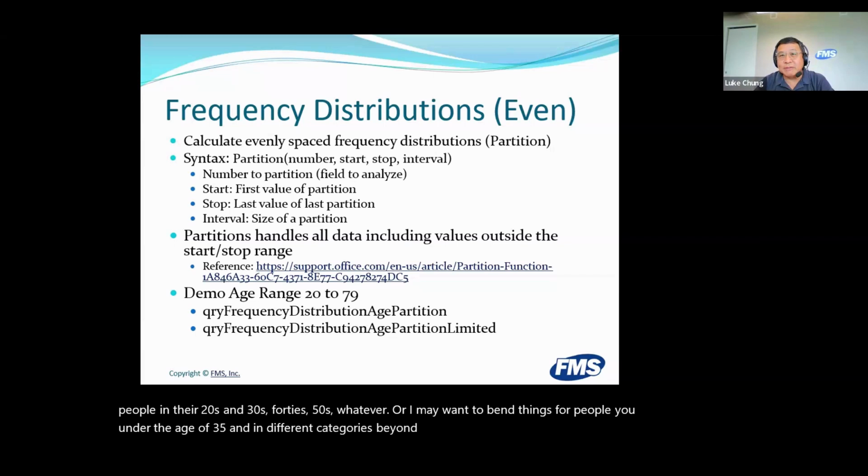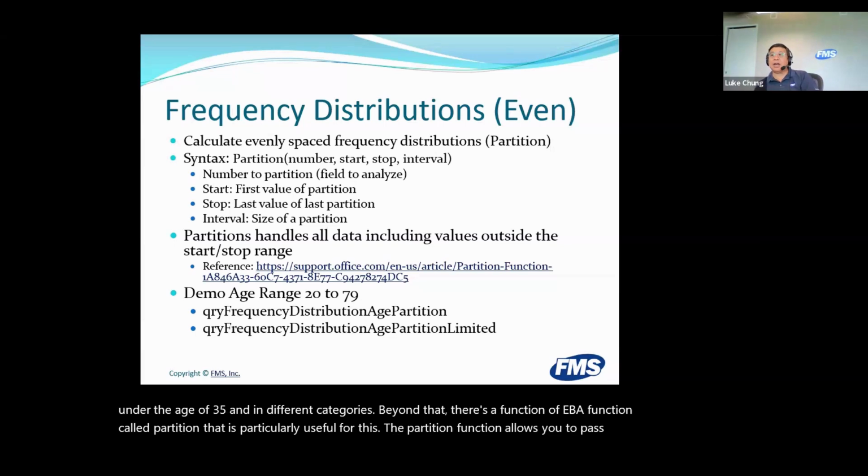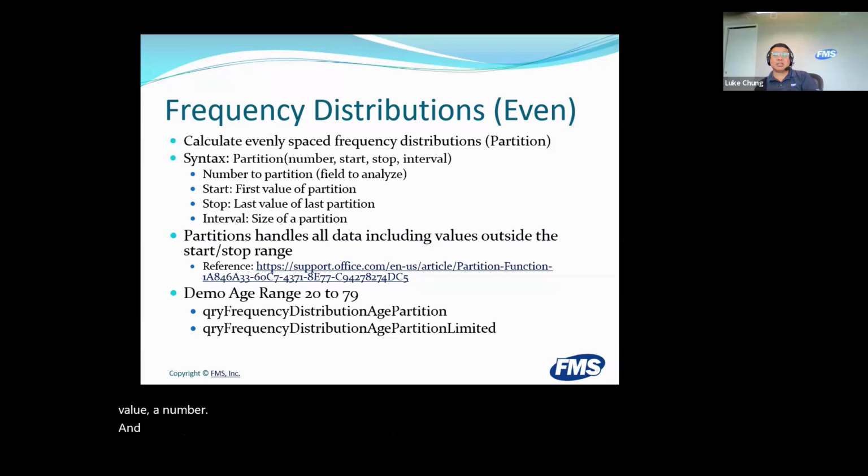There's a VBA function called Partition that is particularly useful for this. The Partition function allows you to pass it a value, a number, and then specify the start and stop values for the range and the interval. That allows it to automatically create bins for your data categories.